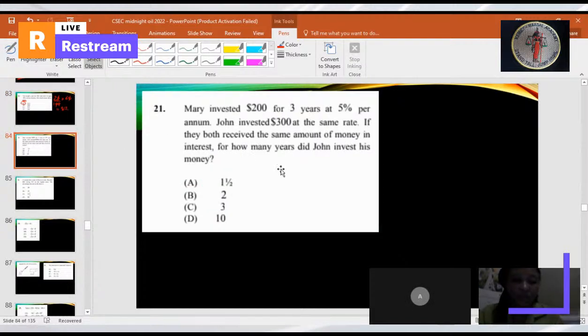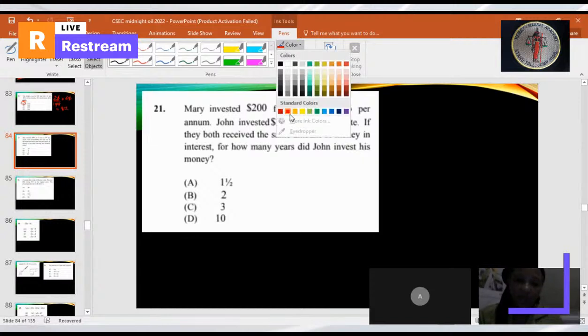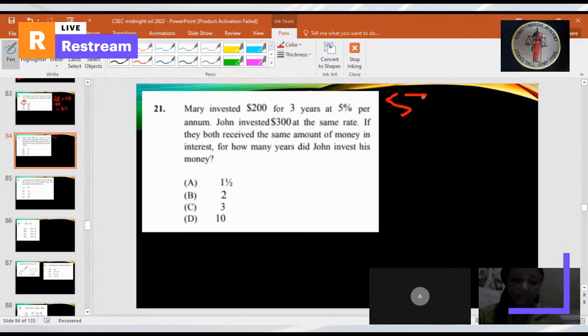All right, number 21. Mary invested $200 for 3 years at 5% per annum. John invested $300 at the same rate. If they both received the same amount of money in interest, for how many years did John invest his money? So let's work out Mary's simple interest. We know the simple interest is the principal times the rate times the time over 100.